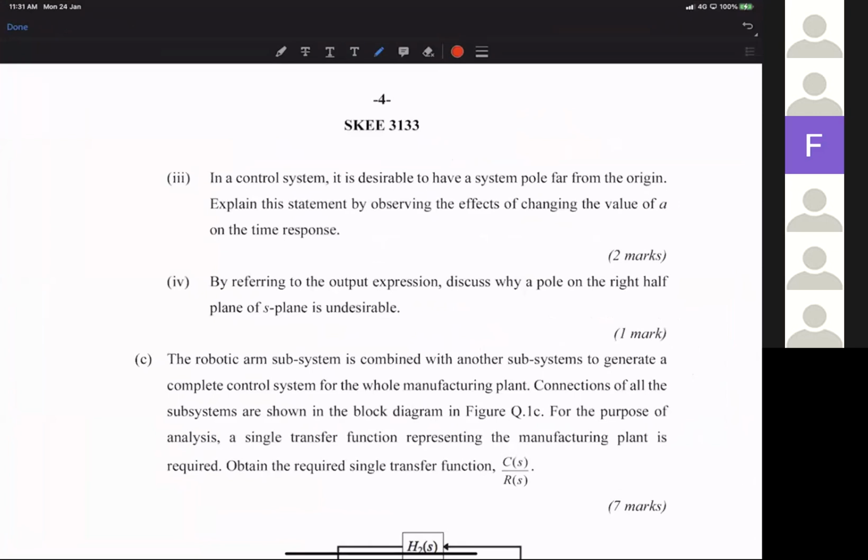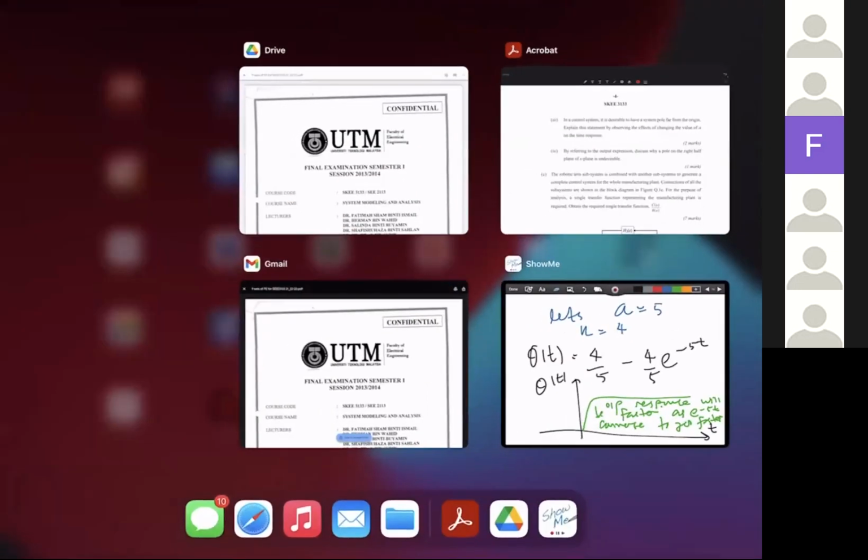By referring to the output expressions, discuss why a pole on the right half plane of the s plane is undesirable. Positive pole.